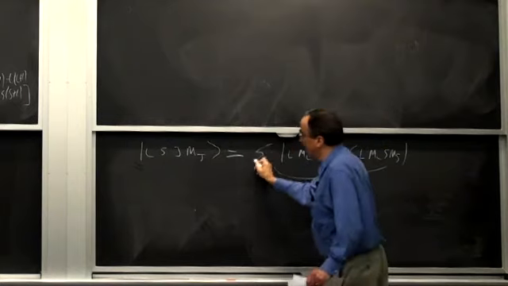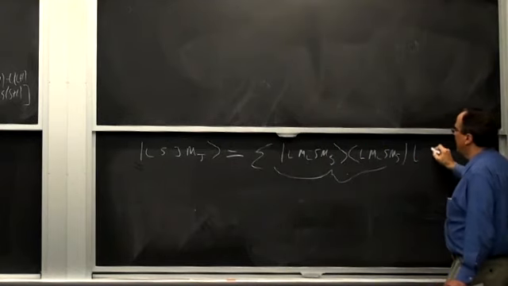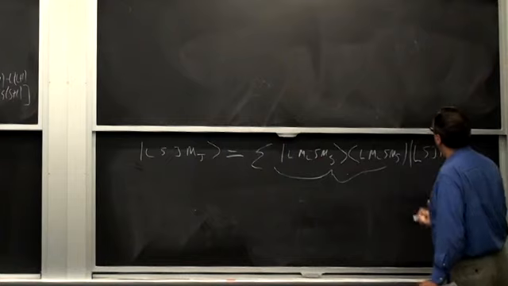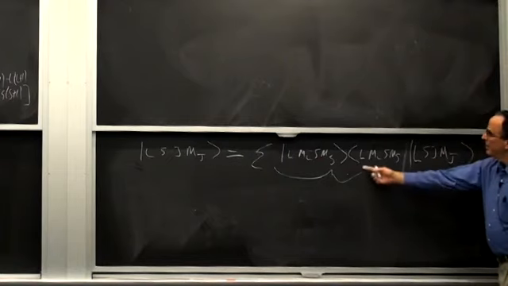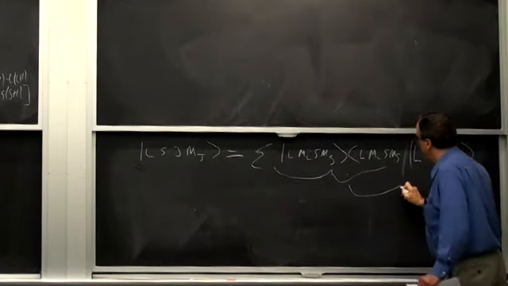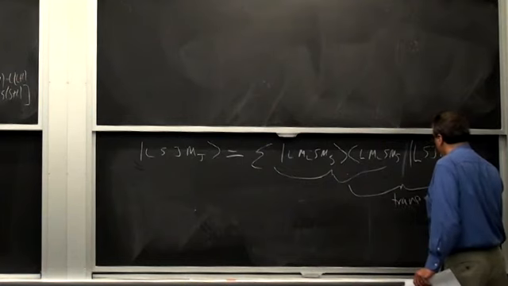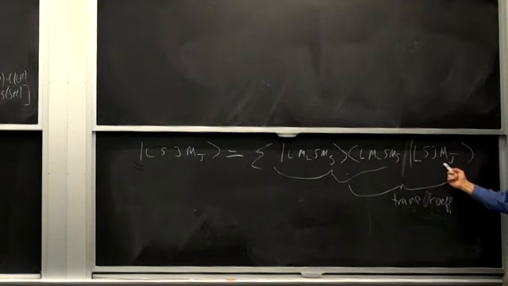We have to sum over something. And this is the original L, S, J, MJ. So this is completeness, and this is a transformation coefficient. This is something we want.